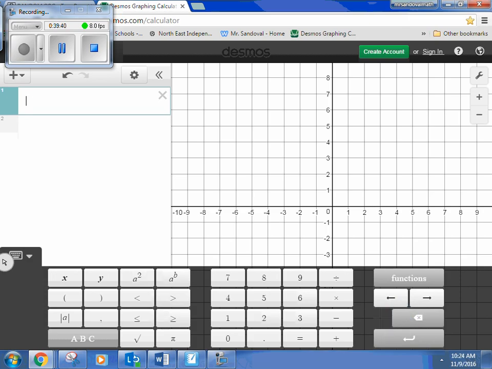I'm going to bring that down. 3x to the fourth minus 4x cubed plus 4x squared minus 4x and then plus 1. All right, so there you go.